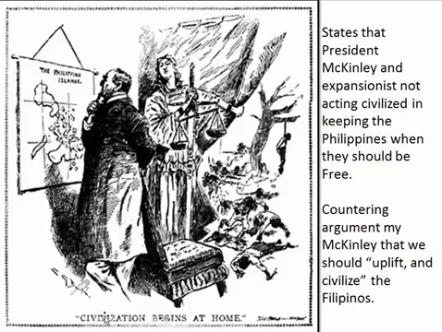Here's one where proponents say civilization needs to begin at home, saying that us taking their ability to be free and to govern themselves is uncivilized. So this is countering the argument made by McKinley that we should uplift, civilize the Filipinos and educate them.